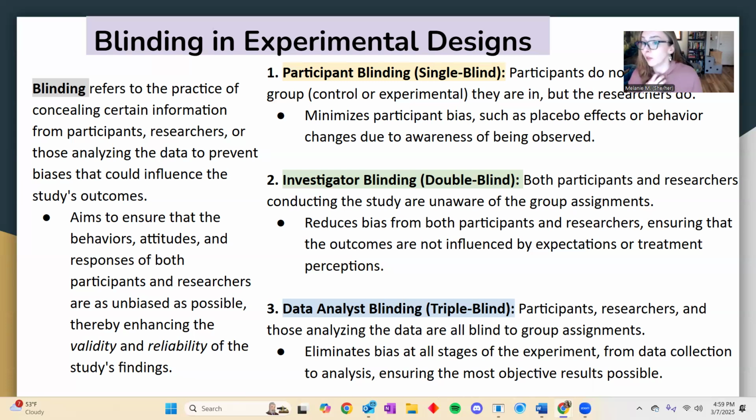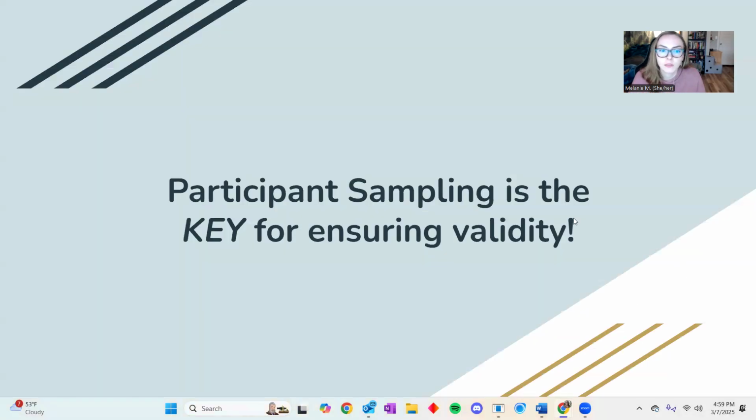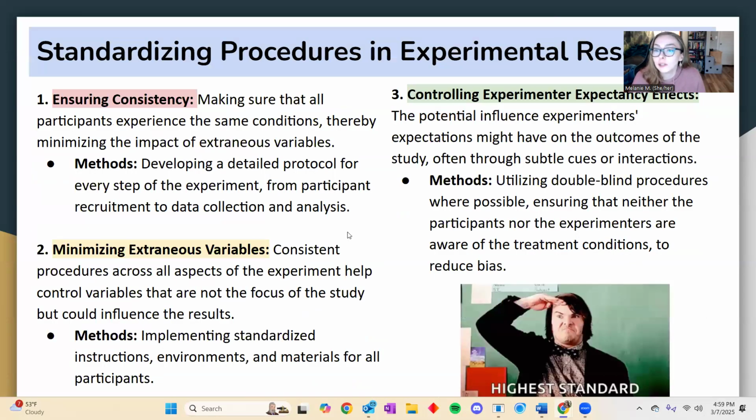Sometimes the analytic people have to know who's in what group if we're comparing between groups. And sometimes they don't. It just depends on the research question. So blinding, single, double, and triple, are all options to help increase those validities. A very big part of validity is also participant sampling. Really, really important.